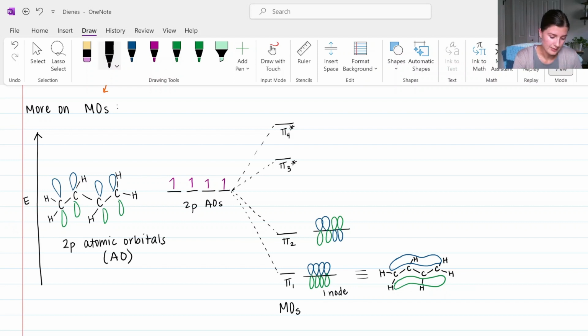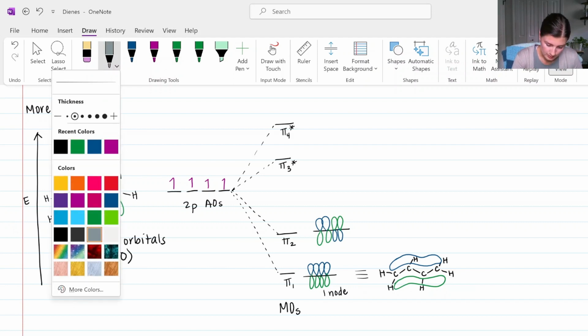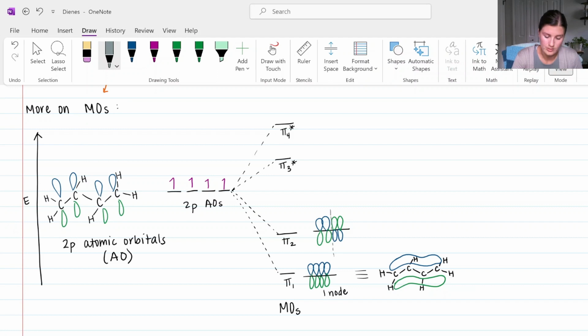So now we have an additional node right through the center here where we can't have any overlap. So here we have 2 nodes, slightly higher energy for pi 2.